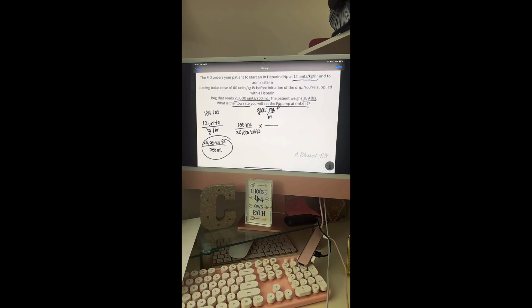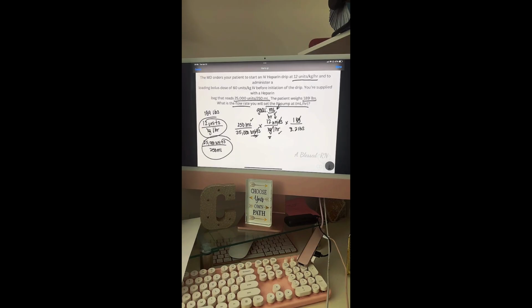Now we got units at the bottom. I need units to go to the top. So I'll use this one, 12 units per kilogram per hour. My units cancel out, boom. And now I've got hour at the bottom, which is the second goal, but I got to get rid of these kgs. So I know that 1 kilogram equals 2.2 pounds.